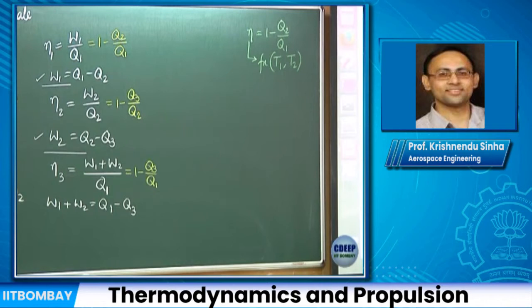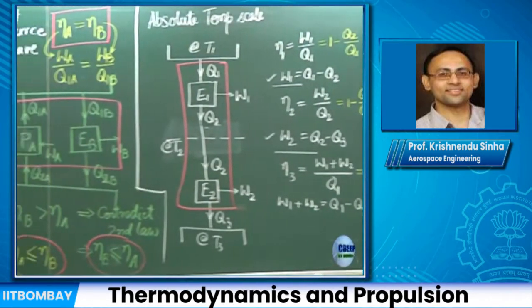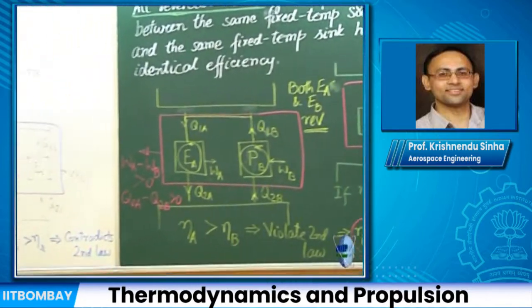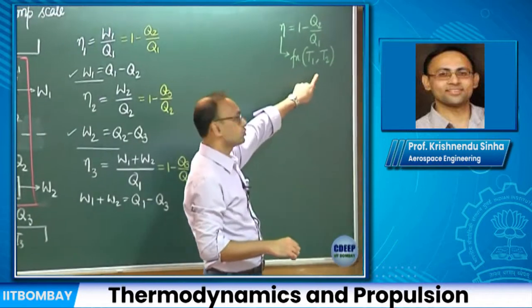For all reversible Carnot engines, the efficiency depends only on the source and sink temperature, and does not depend on anything else, any of the processes involved, any of the material involved. So mathematically I'm writing eta as some function of T1 and T2.